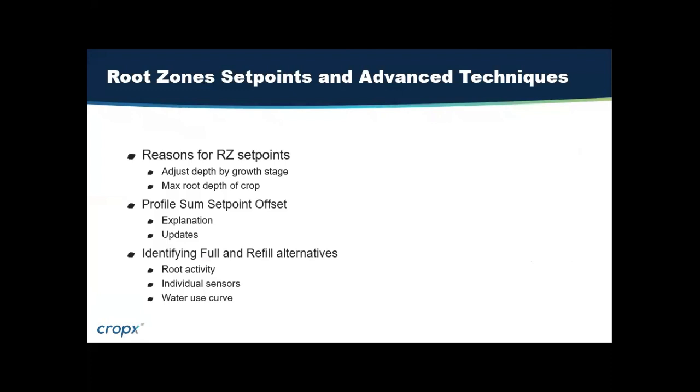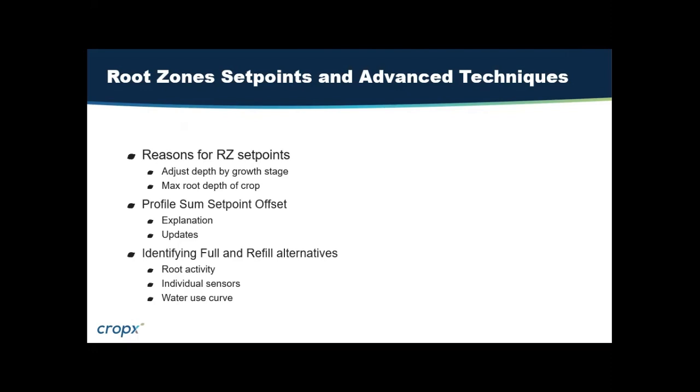So I hadn't really thought about root zone sums in this way until I was preparing for this presentation. But if you break it down, there's really two reasons why you would use root zone set points. And so like I said, we'll be talking about the offset feature.